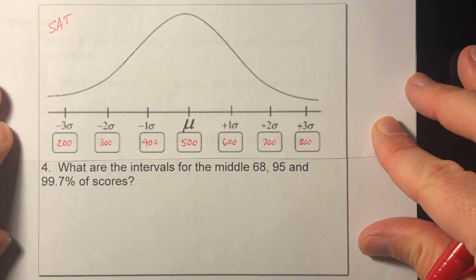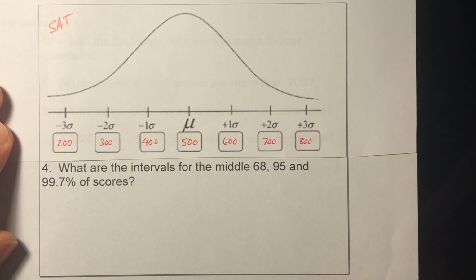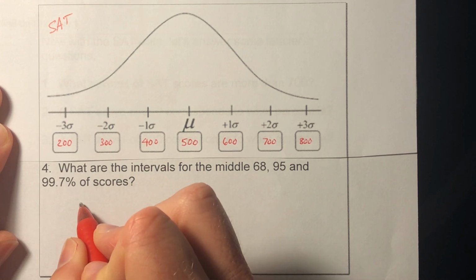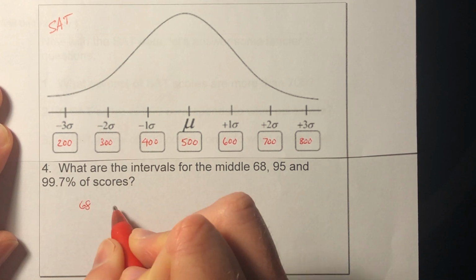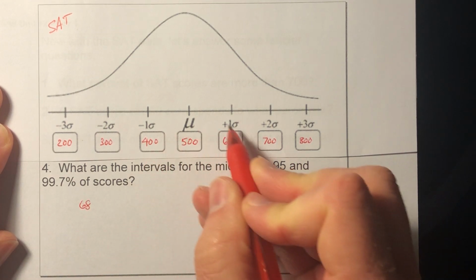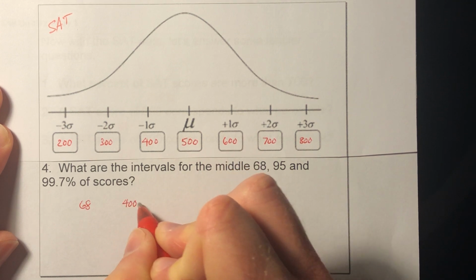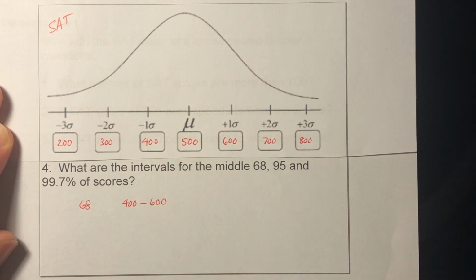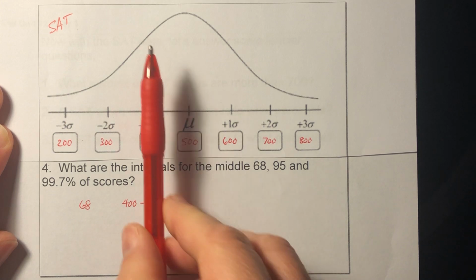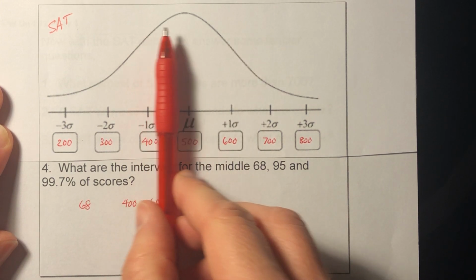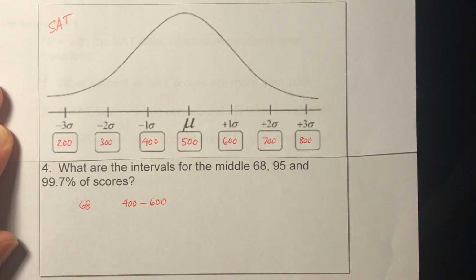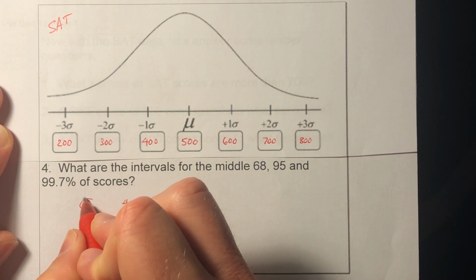And then this last question, number 4. What are the intervals? Well, the middle 68% would be from 400 to 600. Okay, so that's the interval. That's your plus or minus 1 standard deviation. So think of your empirical rule we're talking about here.